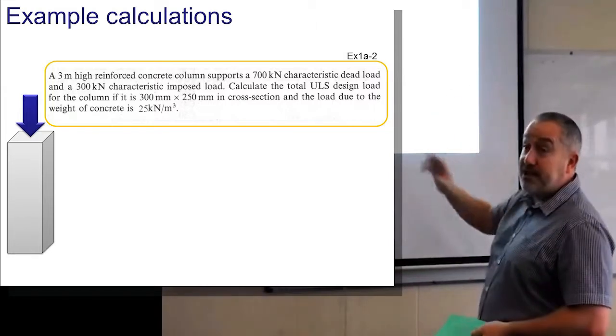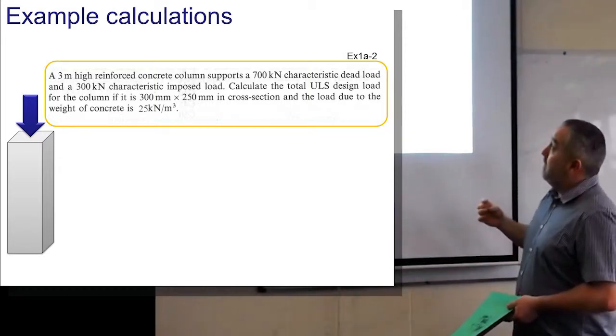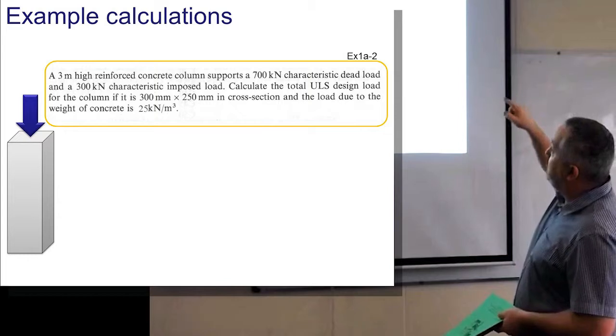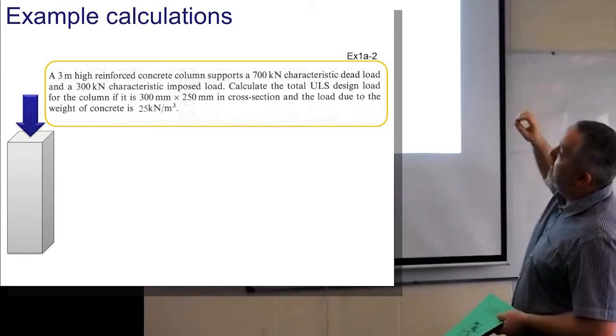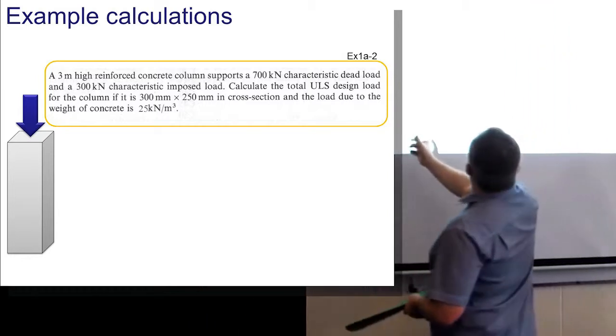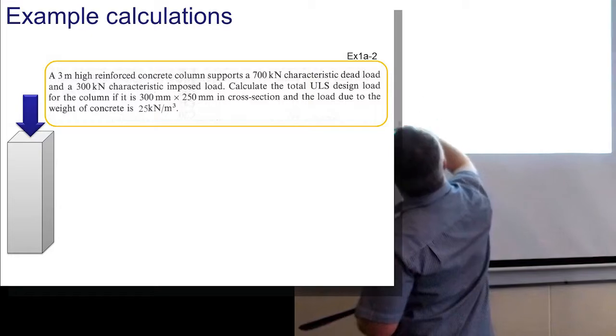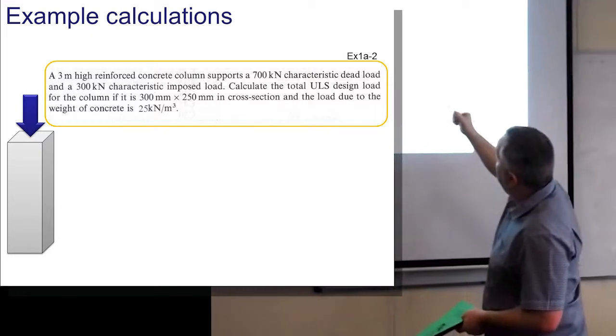Now it's using the word characteristic, so that's the actual load. Calculate the ultimate limit design load if the column is 300 by 250 in cross section and the weight of the concrete is 25 kilonewtons per metre cubed.